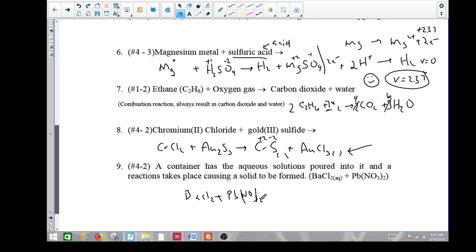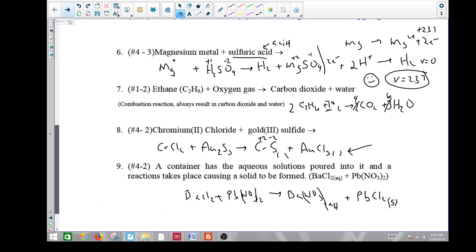And there we go. And we're going to get barium nitrate. And of course, this is a quick check, so this is going to be aqueous. I guess the question might be what forms a solid. In this case, it has to be lead chloride, PbCl2. This would be a solid.